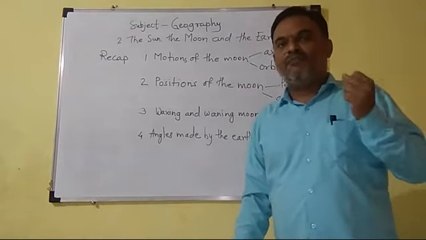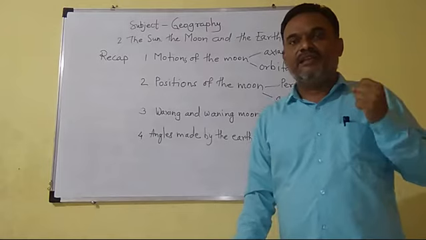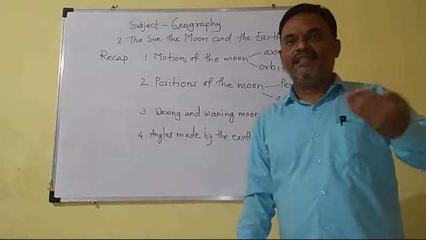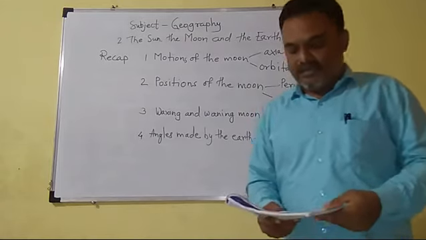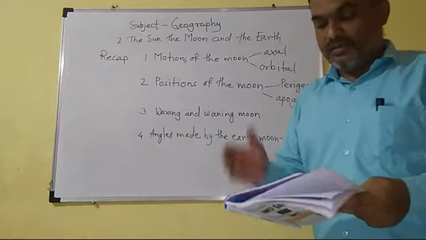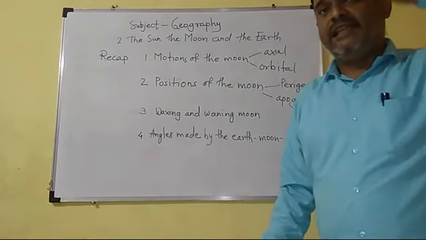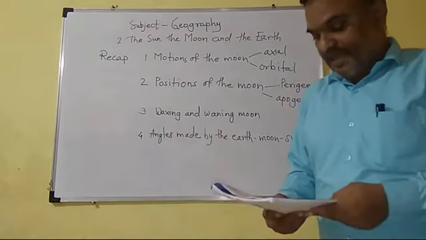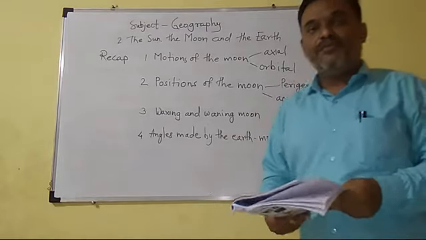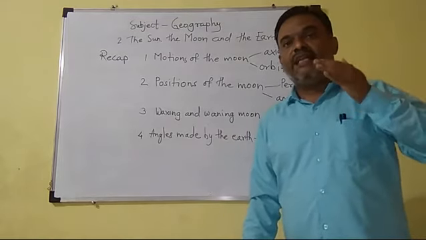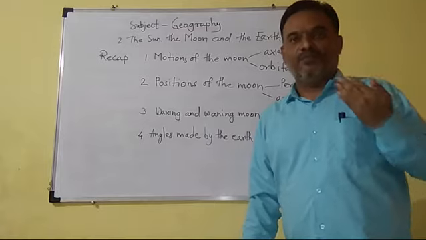You know that the moon is getting light from the sun, and the moon is reflecting the light it receives from the sun, and it becomes visible due to the sunlight reflected by the moon.